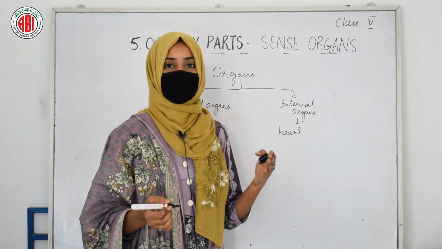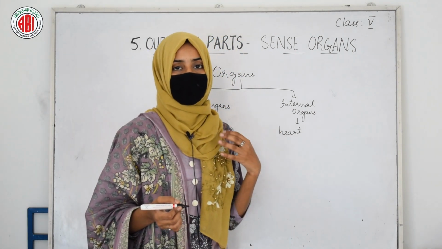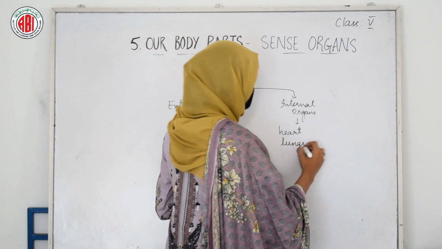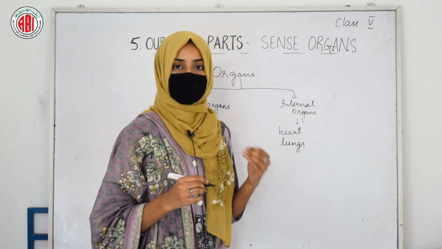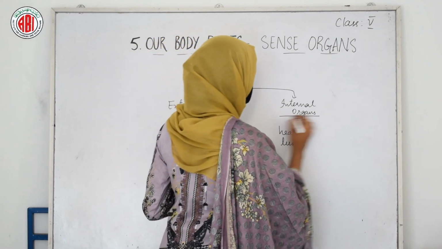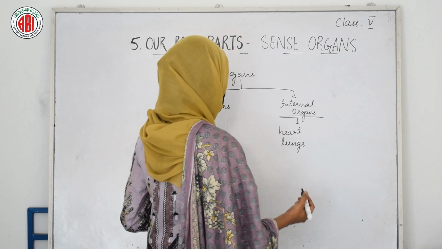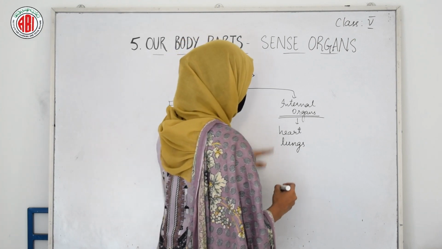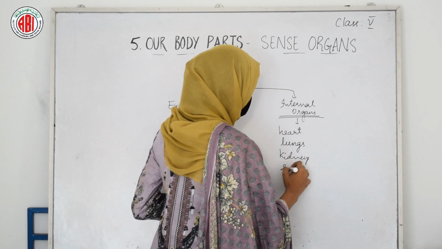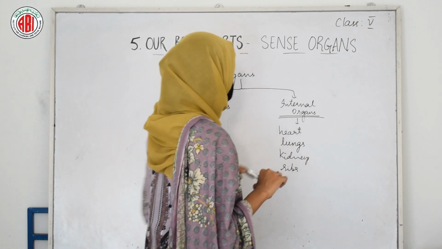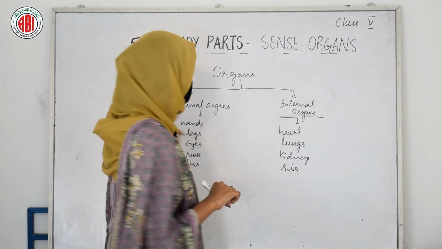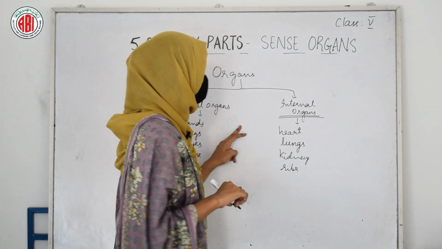By looking at a person, we cannot see his or her heart, and even we cannot see his or her lungs. Heart, lungs, kidneys, ribs, all these are different internal organs. So basically organs are classified into two types, external and internal.